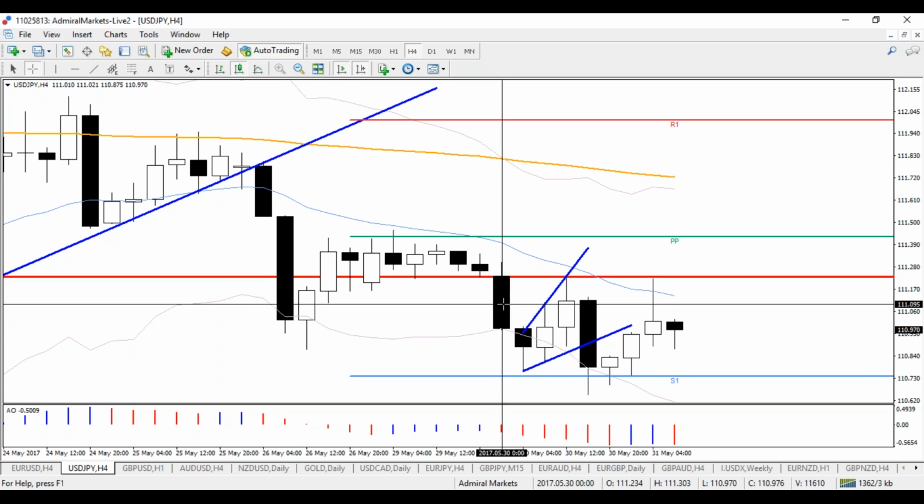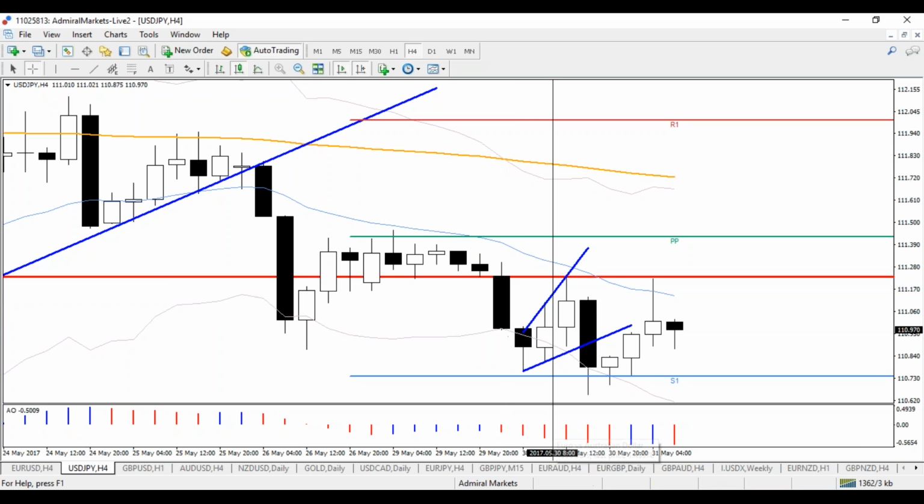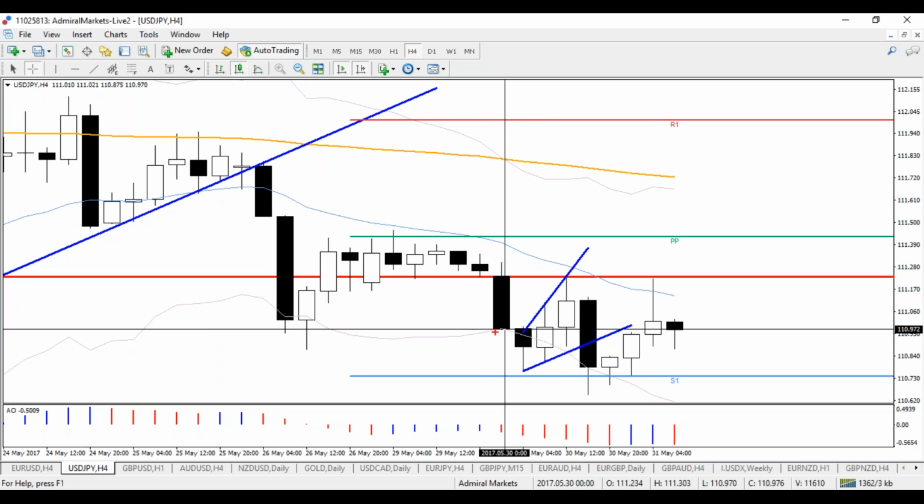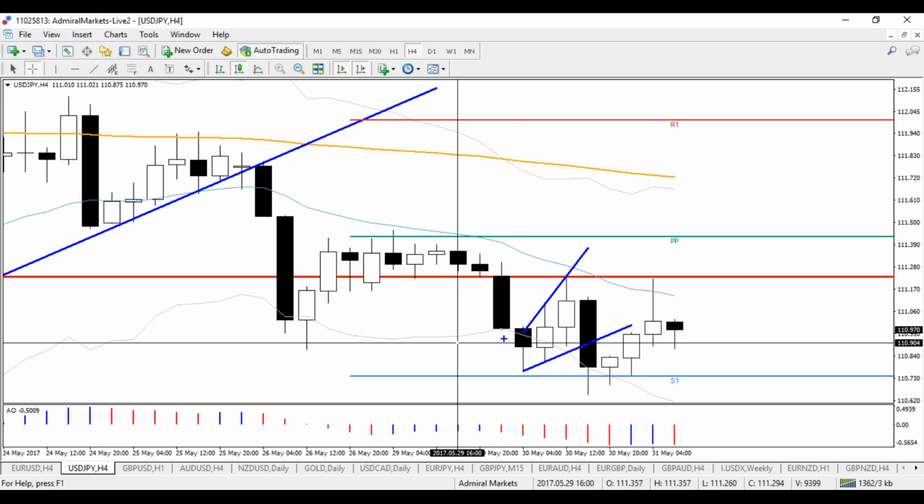Looking at this candle, one of the disadvantages is that it's right at the counter, and the target is pretty close by, the S1. So that's a bit of a disadvantage. It is also pretty close to this bottom, so it's not the lower low yet.